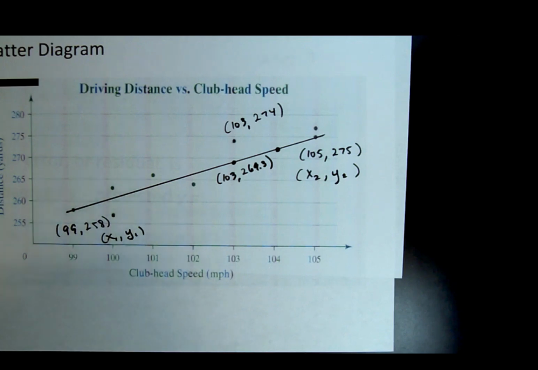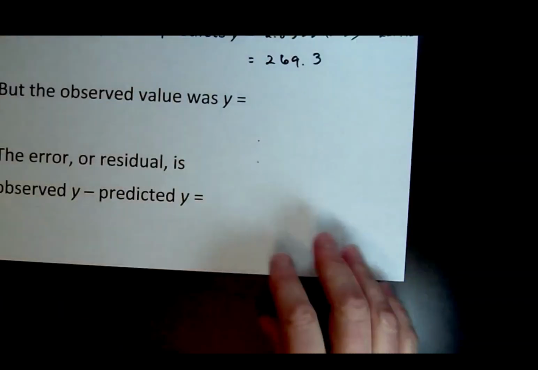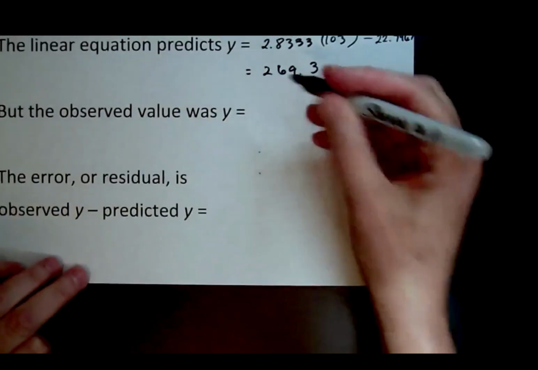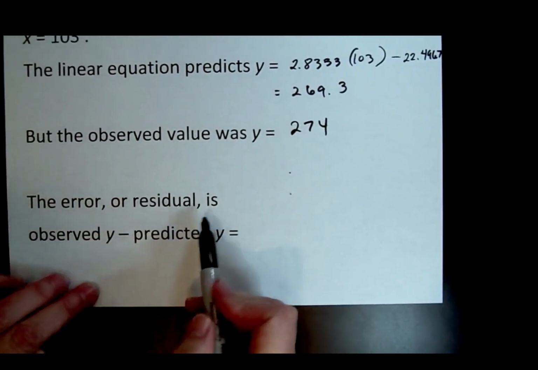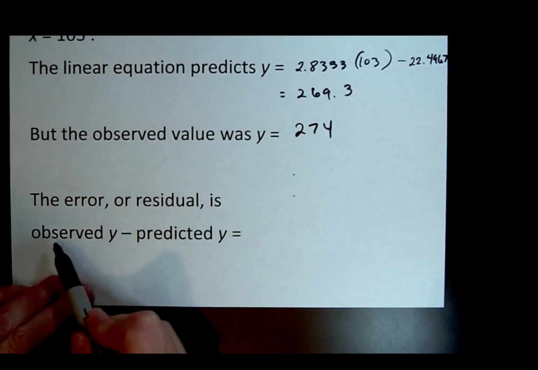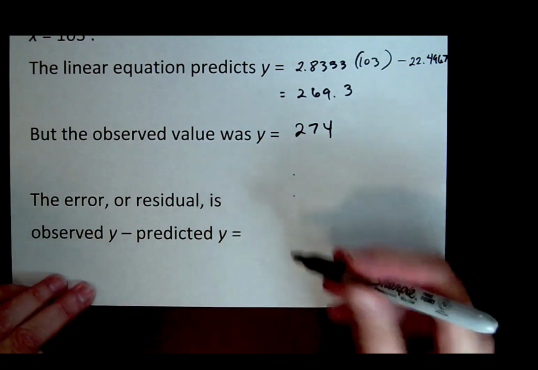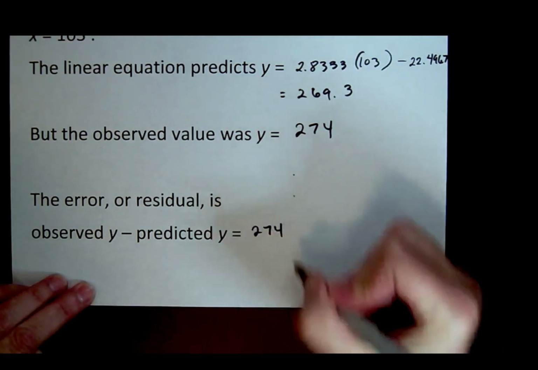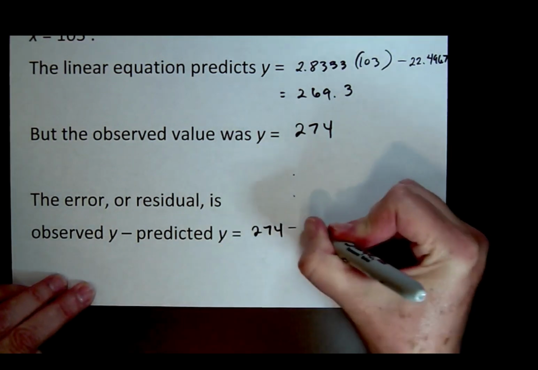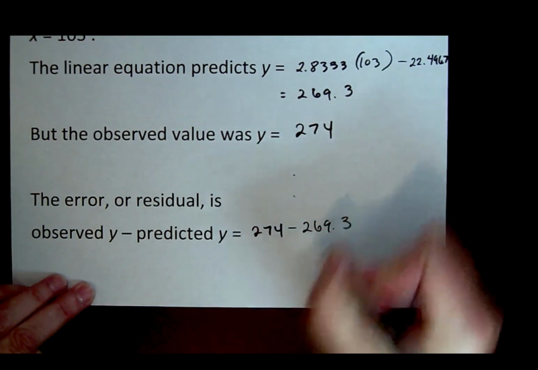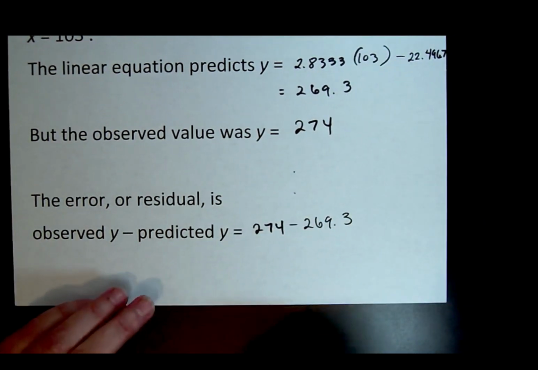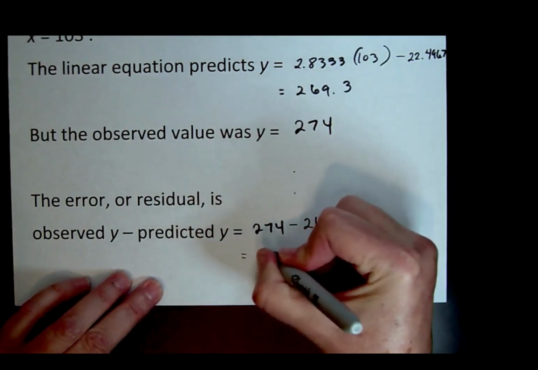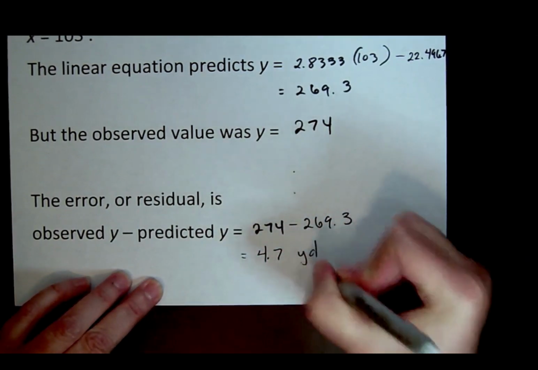The amount of error, let's compute that. The observed value is 274. The error, or residual, we will always compute by taking the observed y and subtracting the predicted y. So the observed value is 274, subtracting the value predicted by our linear equation, or linear model. That works out to be 4.7 yards.